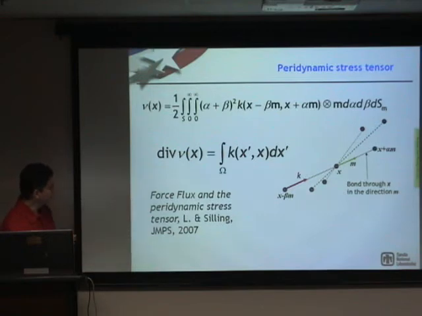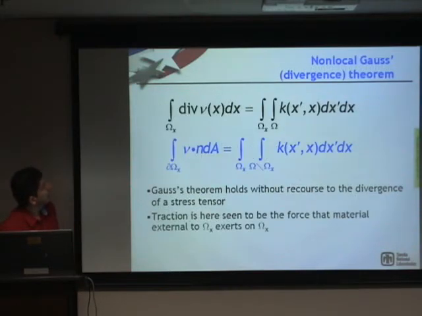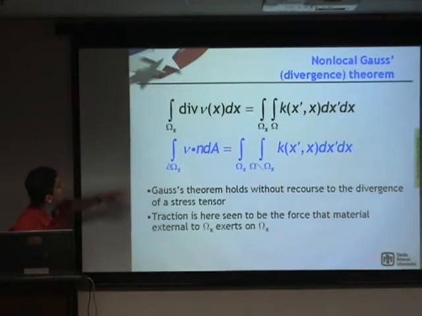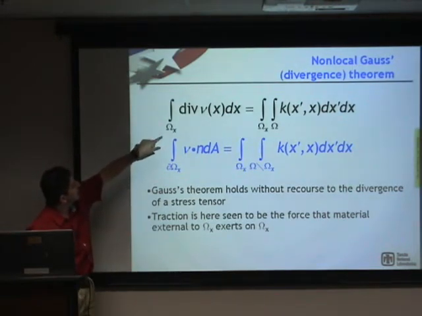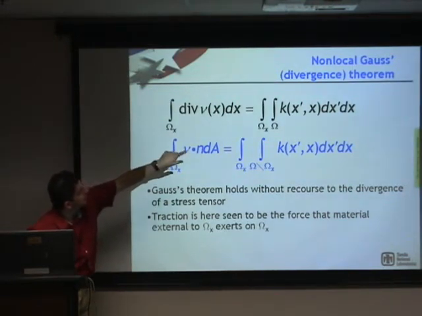You can find the details of this in a paper that Stewart and I published in JMPS in 2007. It turns out that we were also able to derive a non-local Gauss's or divergence theorem. I just showed you that the divergence of nu is equal to that inner integral.